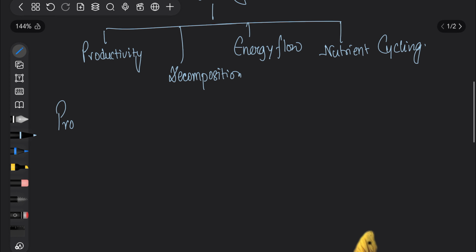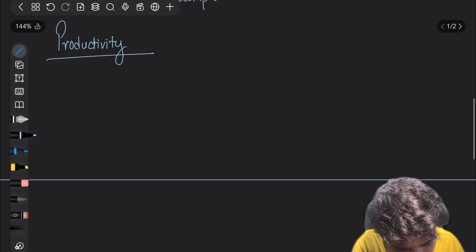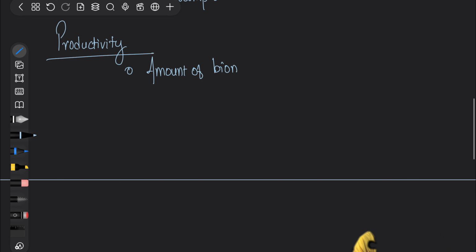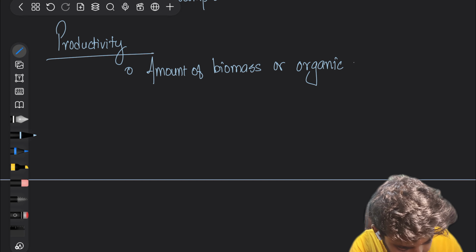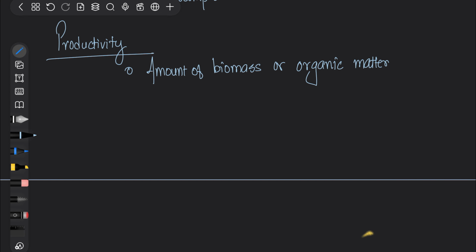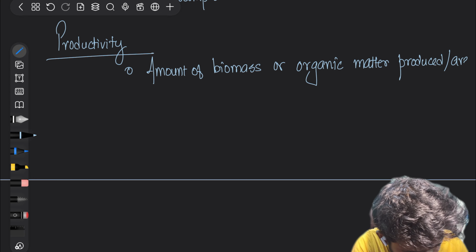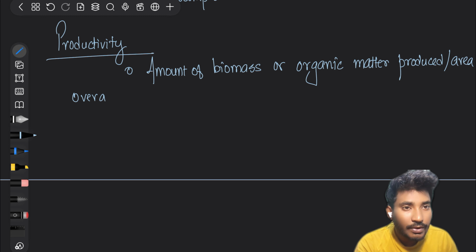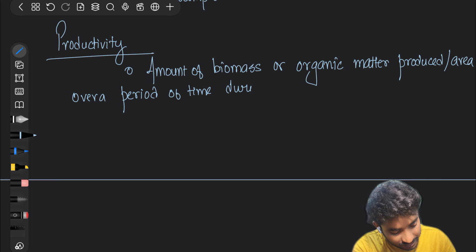Now, productivity. Productivity is the amount of biomass or organic matter produced per unit area over a period of time during photosynthesis.